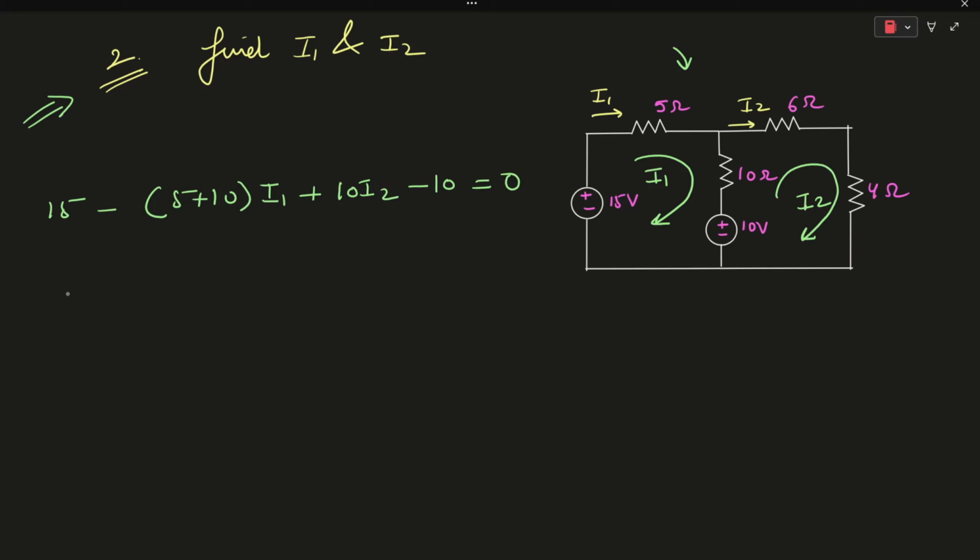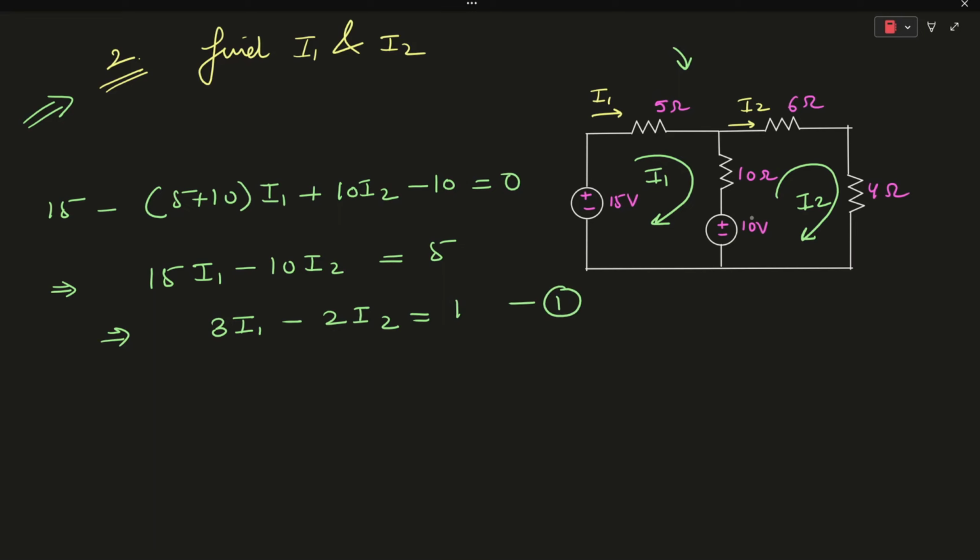It means that 15 I1 minus 10 I2 is equal to 5 volts. On taking 5 common on both sides, we can say that 3I1 minus 2I2 is equal to 1 volt. This is your first equation.